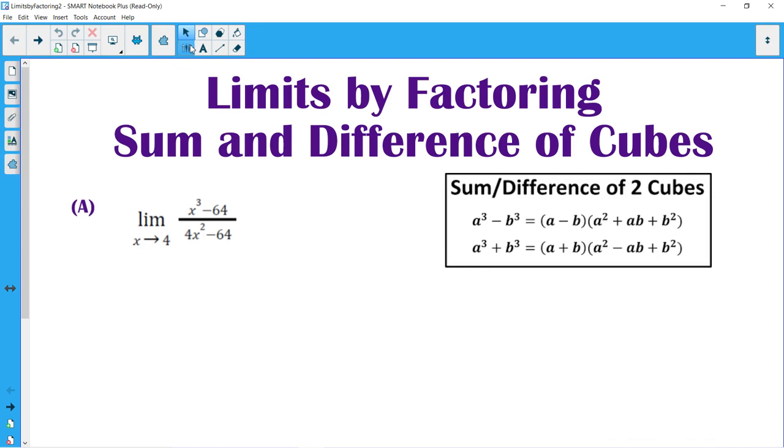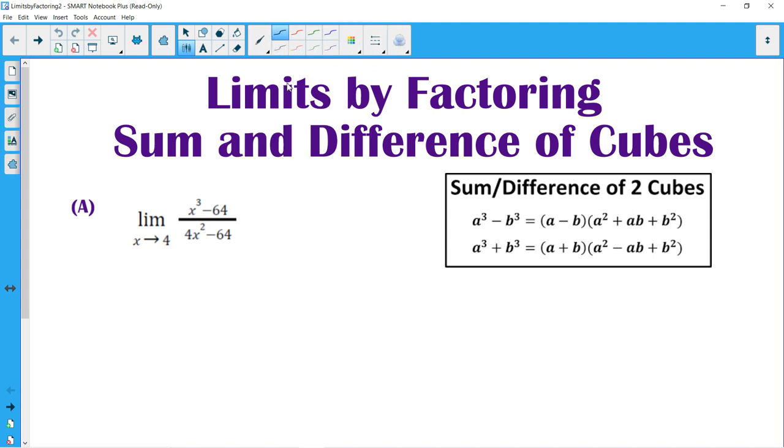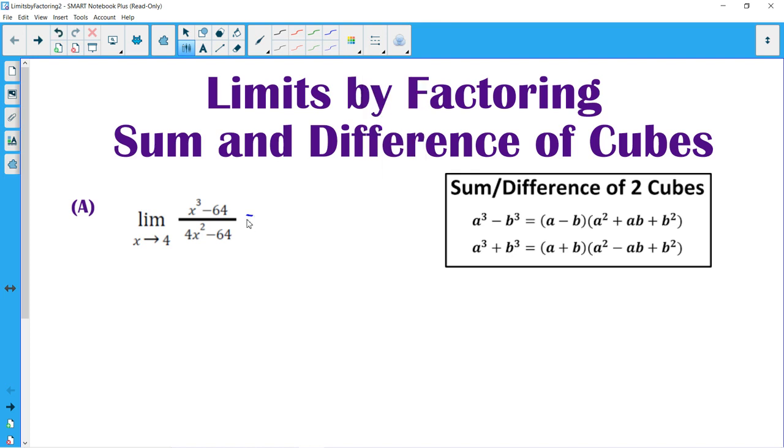All right, so in calculus, of course, there's a bunch of different types of limits. This one in particular is indeterminate form. So what that means is, if I go ahead and try to do direct substitution in this guy, let me choose a nice color. Let's go blue. For example, I'd go 4 cubed minus 64, and then I put in my 4 squared minus 64.